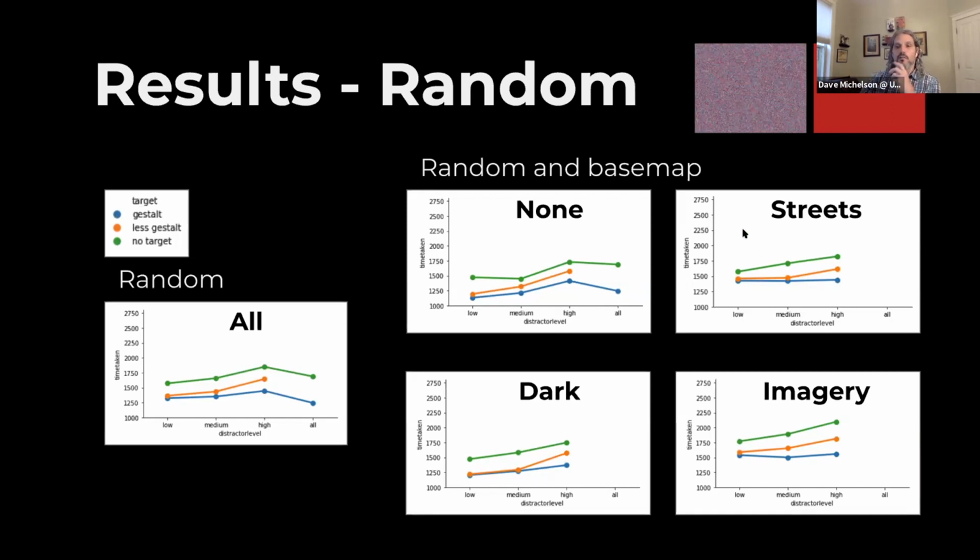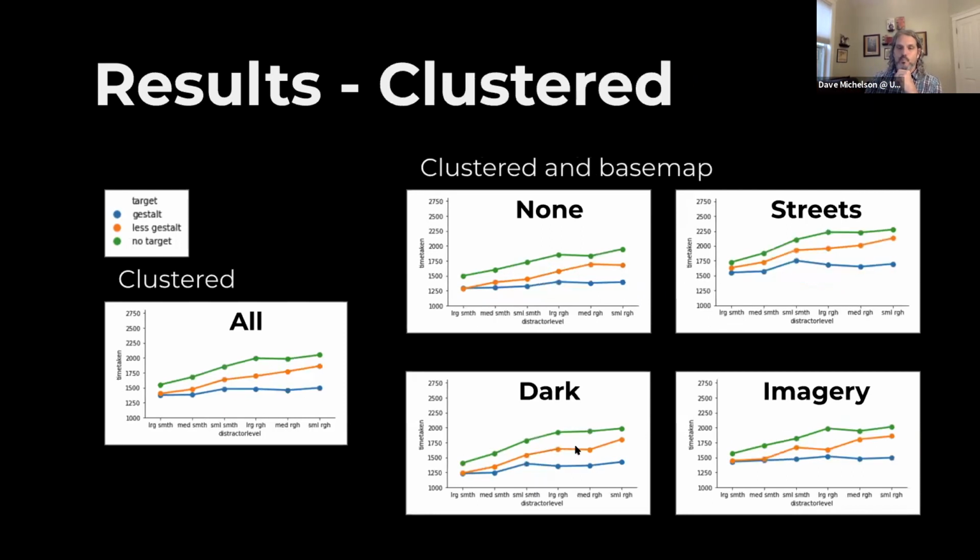So that's starting to prove the idea that I had before this. The other part to notice is that the streets and imagery base map's fastest times are the slowest times in the none and dark base map. Now, looking at the cluster, we notice a more pronounced version of all the things I just talked about.